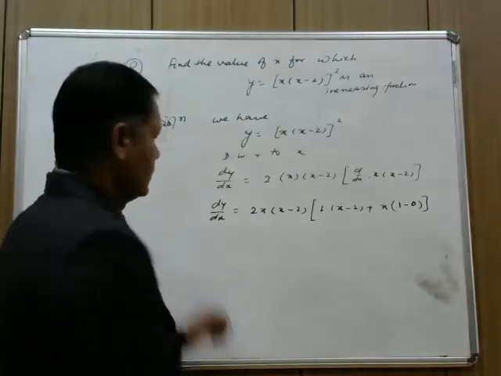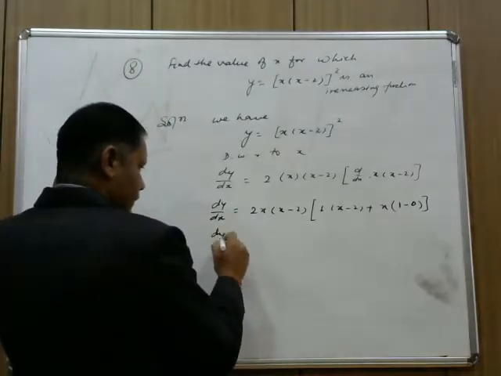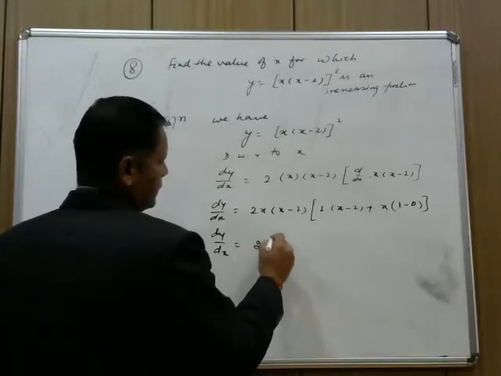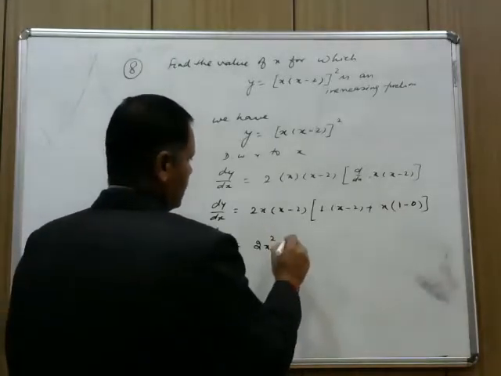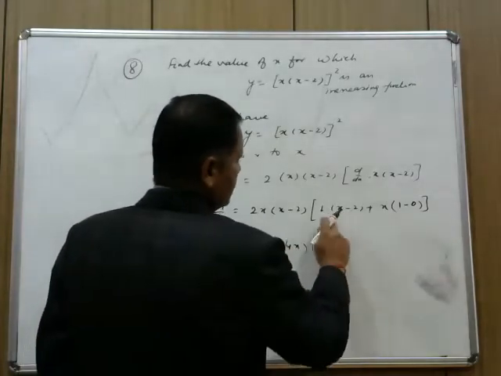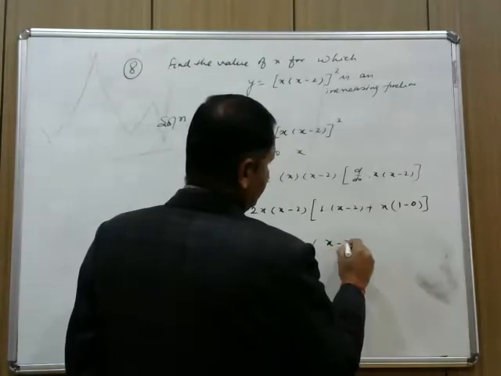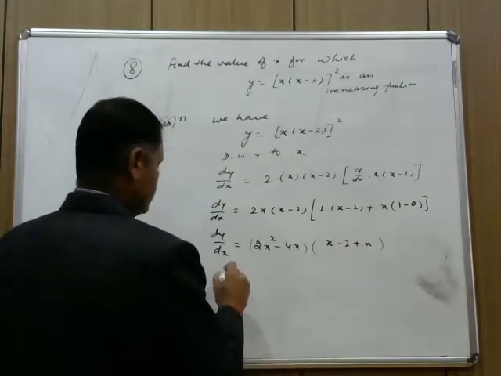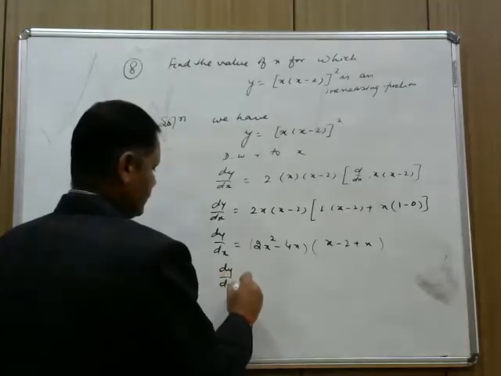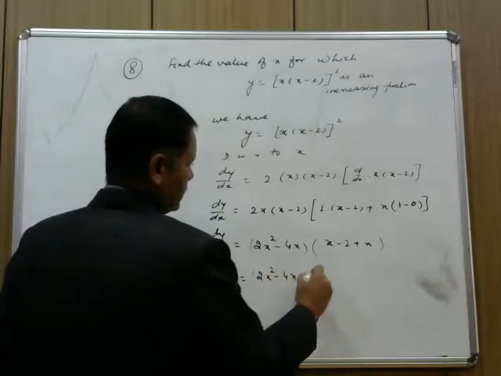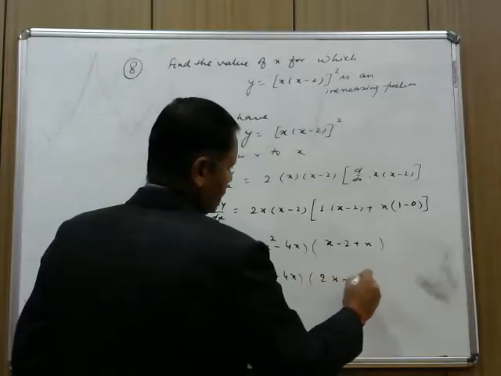Right? Now this will give you dy/dx is equal to 2 times (2x square minus 4x) into (2x - 2).